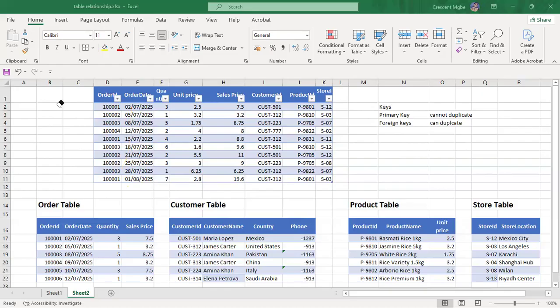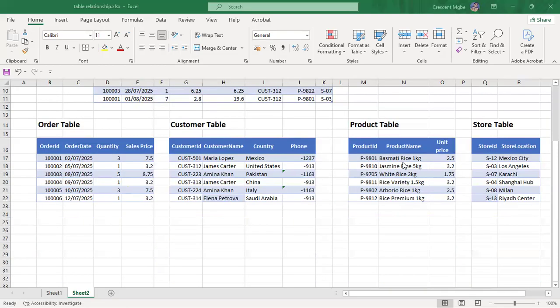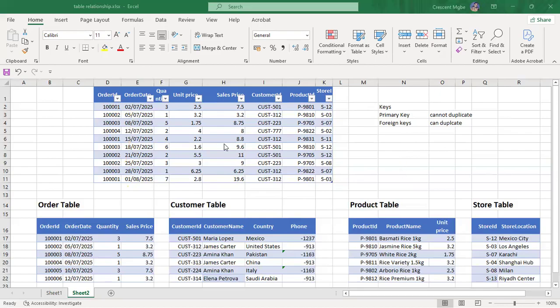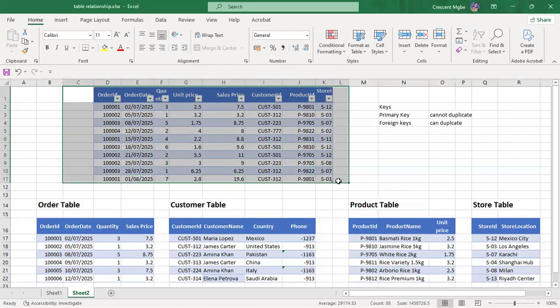So, primary keys. Now, remember I told you that these tables are connected to each other through keys. It can either be primary keys or, of course, foreign keys. So the main table is going to contain the foreign key.